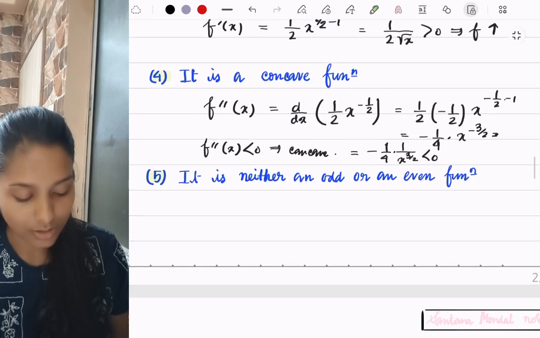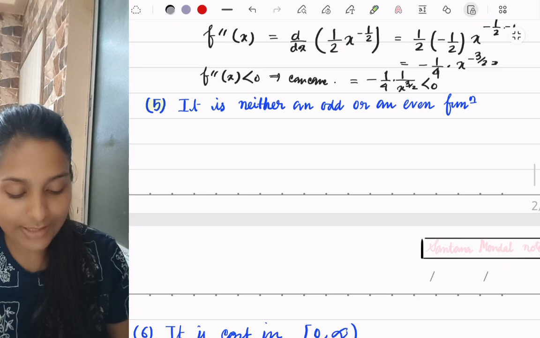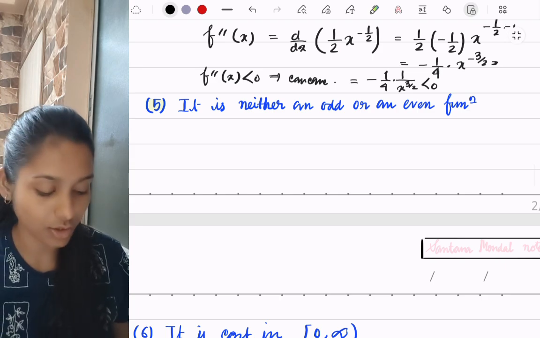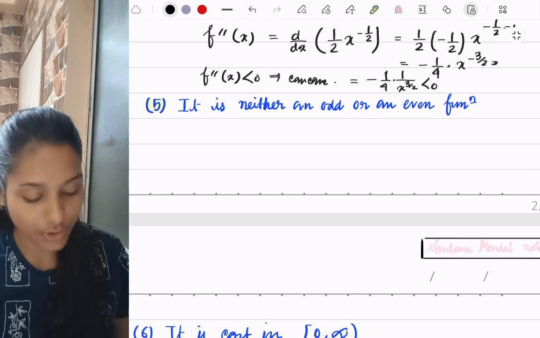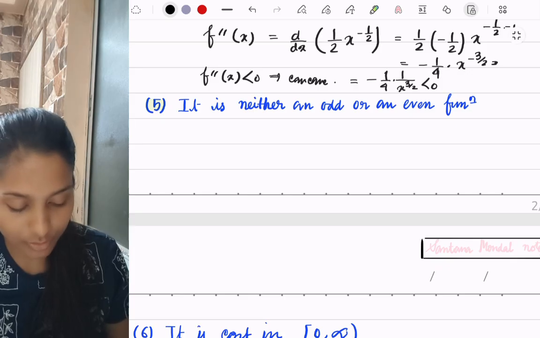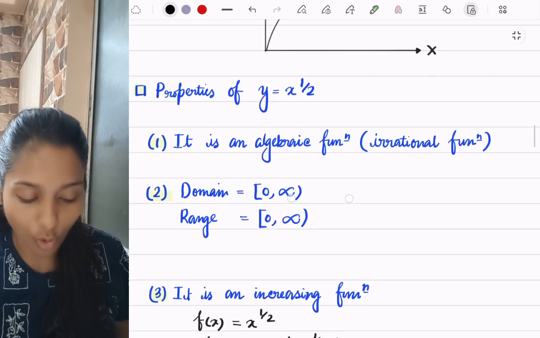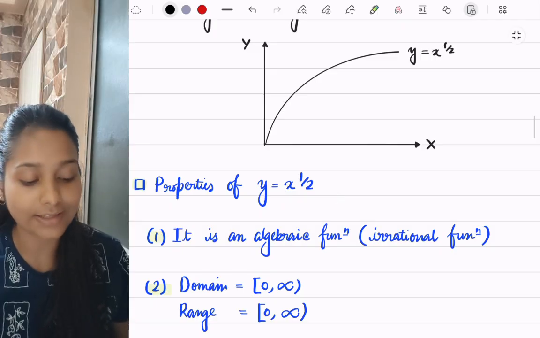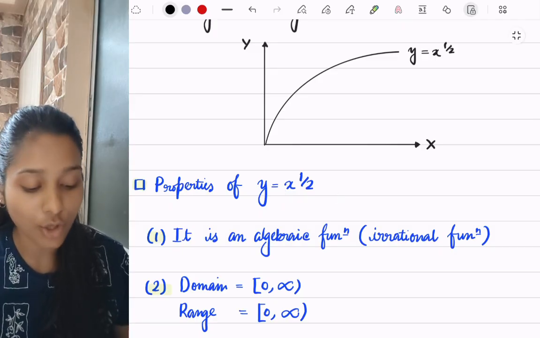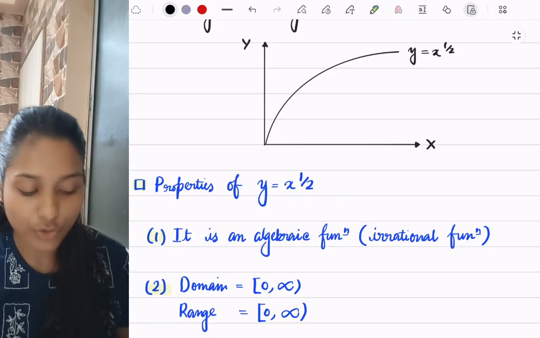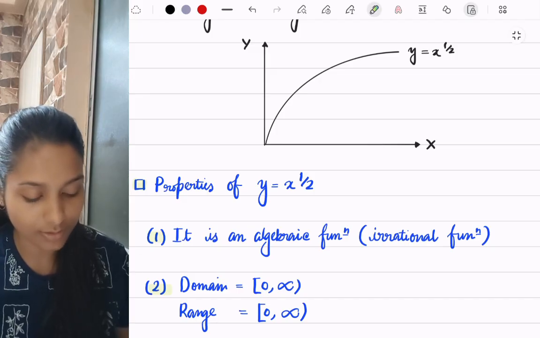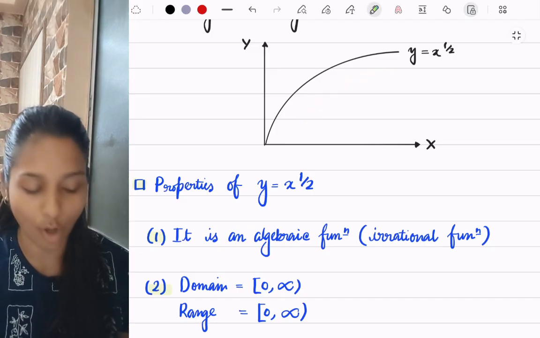Now next, it is neither an odd nor an even function. If we see the graph of this function, for an even function the function must be symmetric with respect to the y-axis. It doesn't have that property.